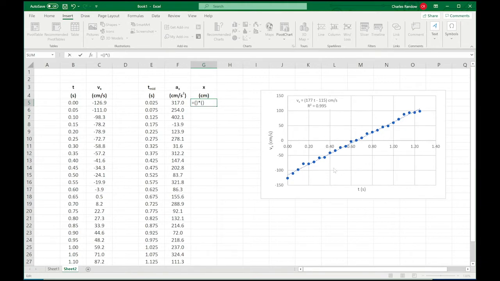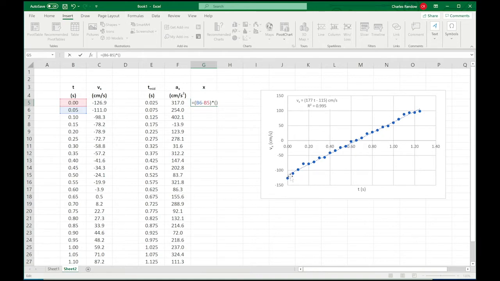And again, we're integrating this original data, this velocity data. So the base is the time interval. So the time interval for the first segment is going to be B6 minus B5. So that's the base. Now the height is actually the average value between the pair of data.